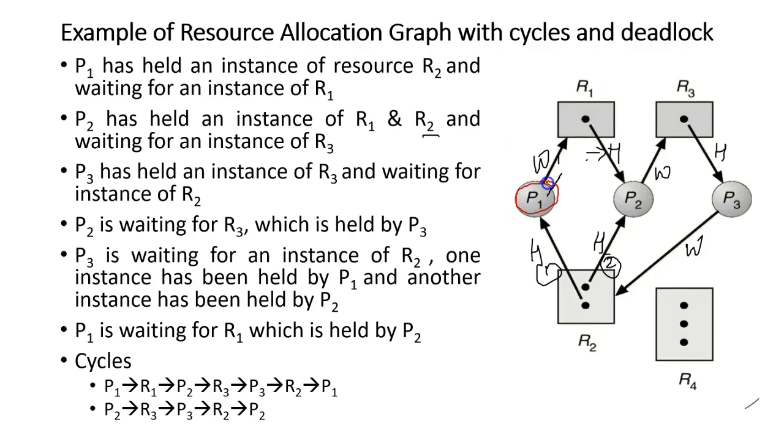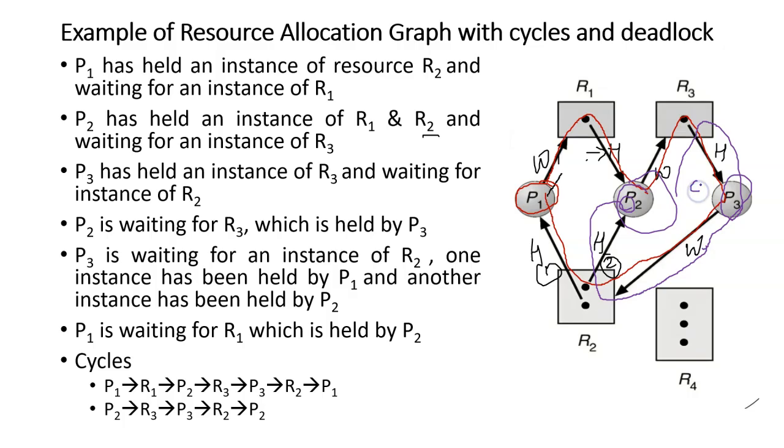First cycle is process P1, R1, P2, R3, P3, R2 and P1. This one is the first cycle, and the second cycle is P2, R3, P3, R2 and P2.